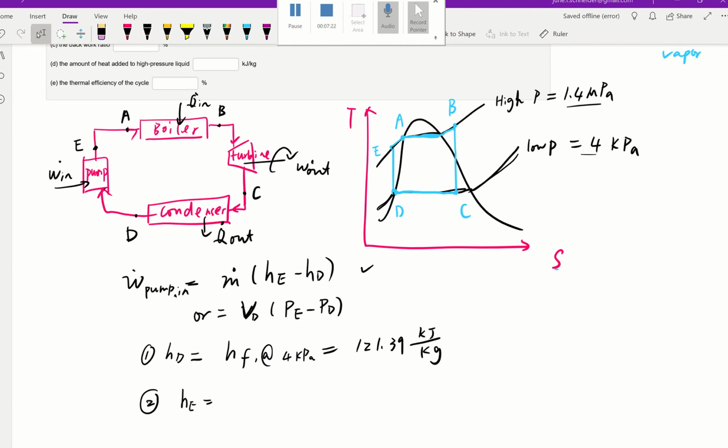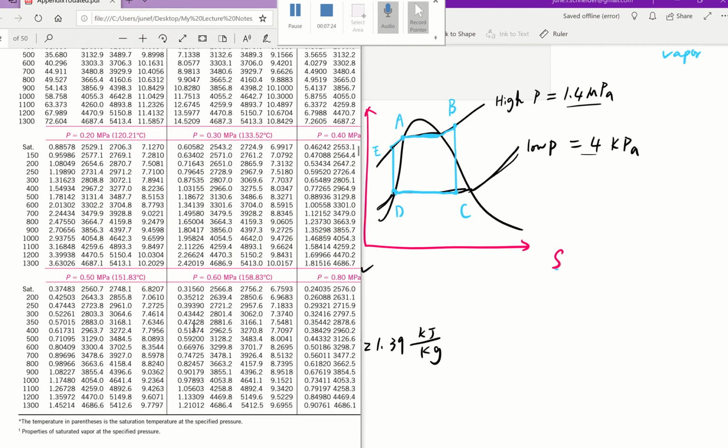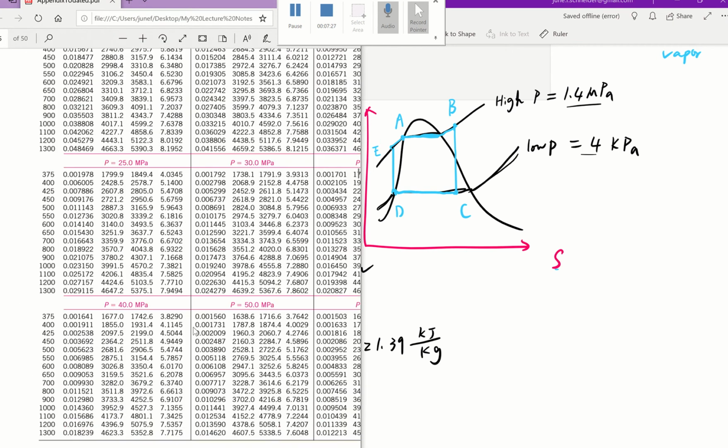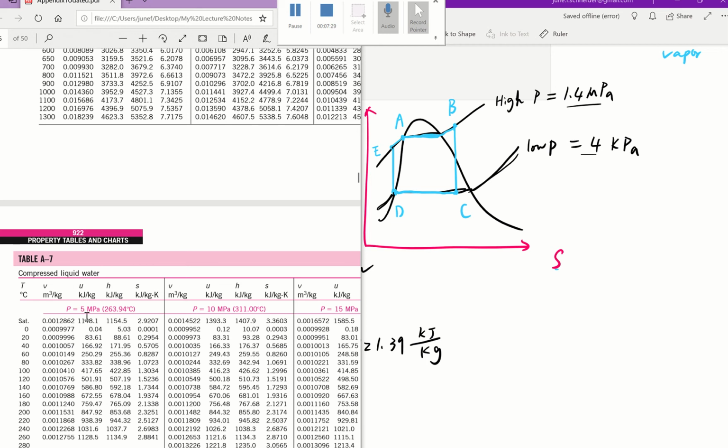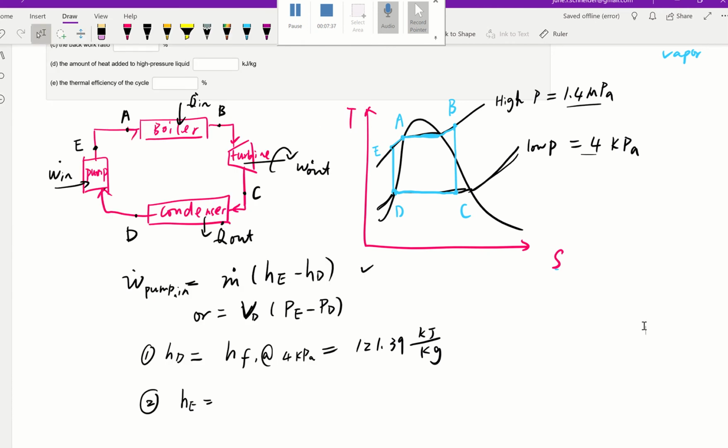And as you already predicted, the lowest pressure they have in table A7 for compressed liquid is 5 megapascal, and our pressure here is 1.4. So we cannot really use the compressed table to solve this. We have to approximate, right?